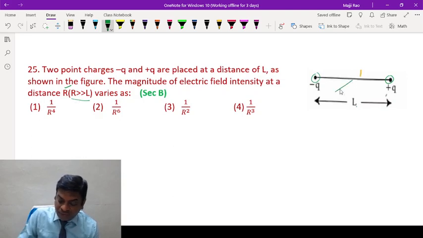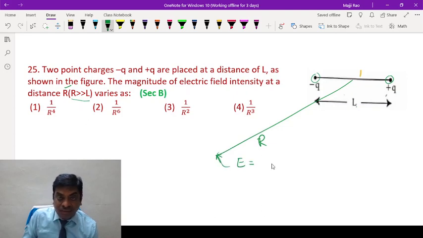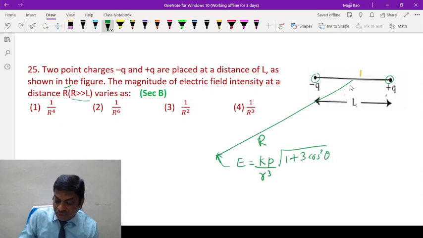So at a far off distance from an electric dipole, we all know that the electric field strength is given by K into P upon R cube into under root 1 plus 3 cos square theta, where this is the direction of dipole moment from negative to positive charge, and this angle is theta.